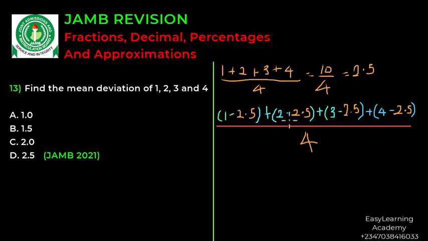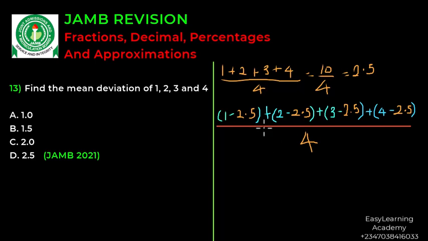What we just need to do is subtract the mean from each of these numbers: 2 minus 2.5, 3 minus 2.5, 4 minus 2.5, and we divide it by 4. So we go ahead now to subtract this.